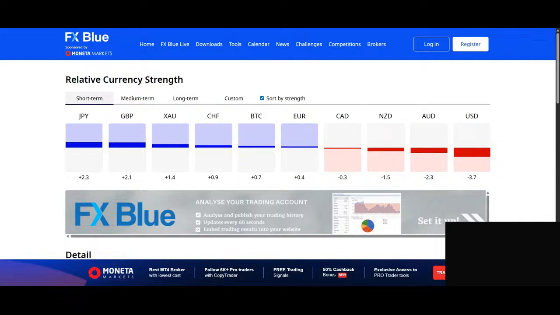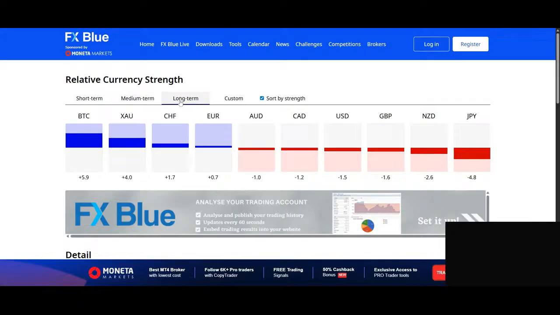CHF JPY short term is definitely a sell. Oh, JPY may shoot, it's a buy. So these things change as time goes, so keep checking. CHF JPY is a sell right now on short term. Medium term, it definitely switches to buys. So what you do on CHF JPY, look for buy entries.